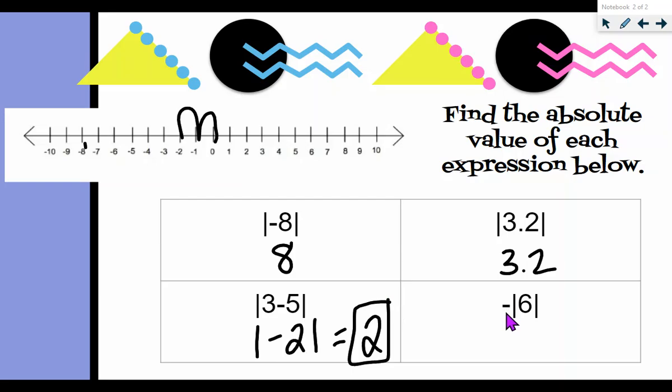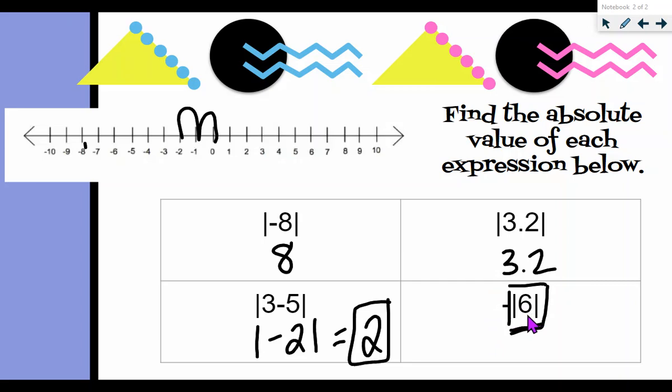Here we have something a little bit different. In our first example, we had the negative inside of our absolute value. But in this example, the negative is outside of our absolute value. So what we want to do is think about just the absolute value part without the negative. We're going to keep that negative on the outside, right?